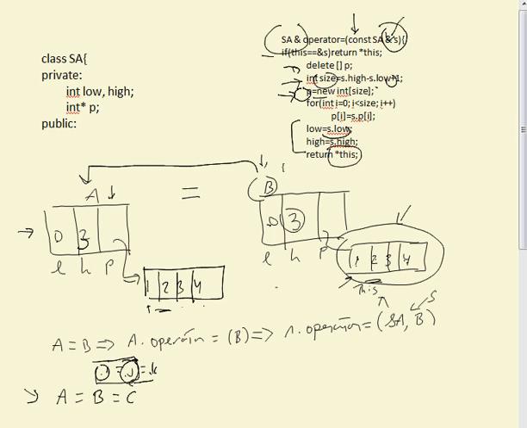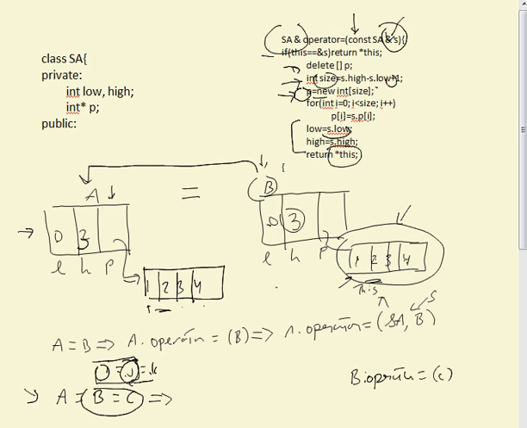When I say X equals Y, it causes the bits in X to match the bits in Y, but it returns the name of the object on the left-hand side. So that's what I have to do. Remember we said you have to do as the ints do. This basically gets translated into, first I do B is equal to C, so that's going to be B dot operator equals, and it's going to do C. Now it's going to do that assignment as we saw, and this is going to return the left-hand side.